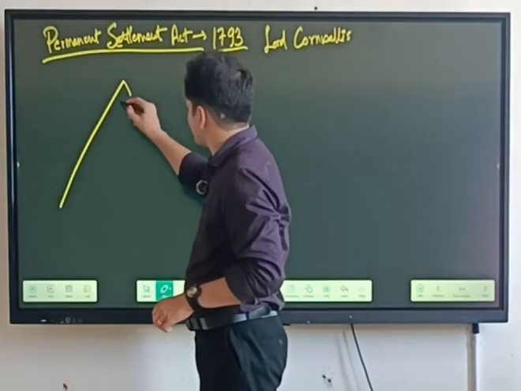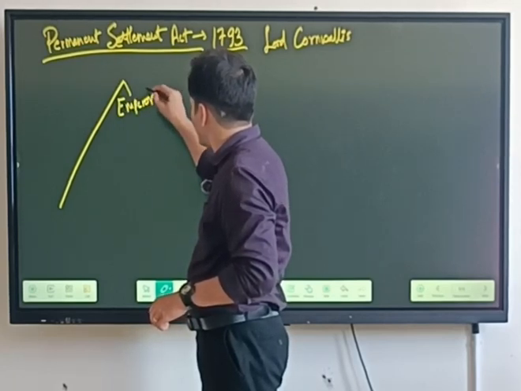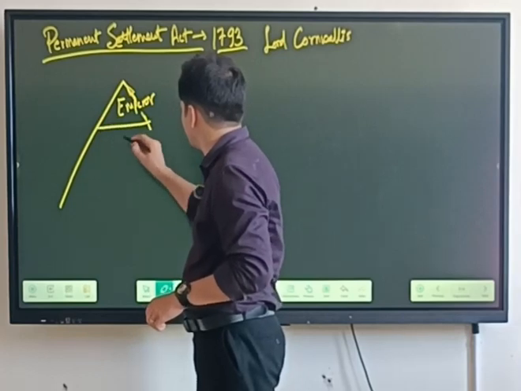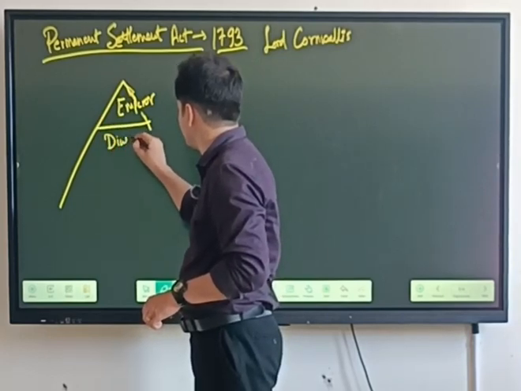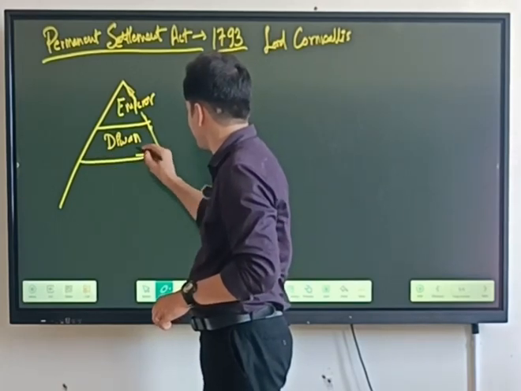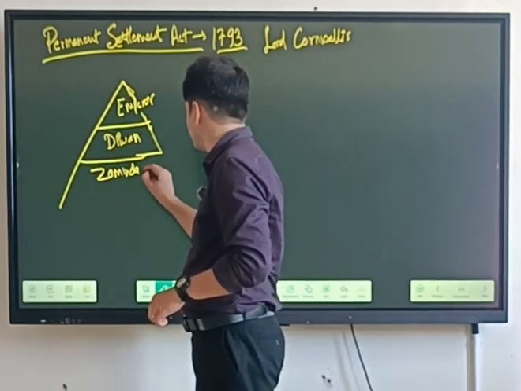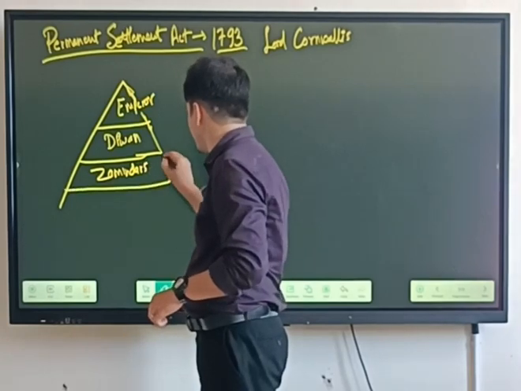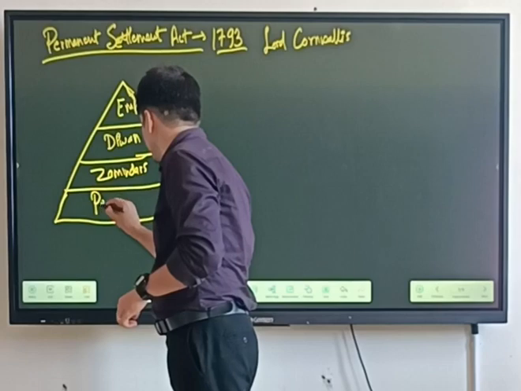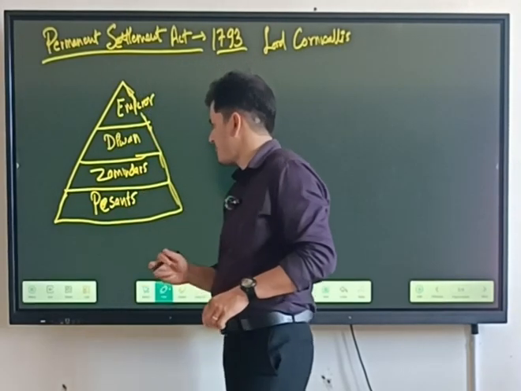So at that time there were Mughals, in which emperor was at the top, and then Diwan, then comes Zamindars, and at the bottom we had peasants.